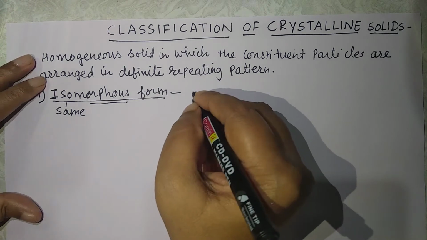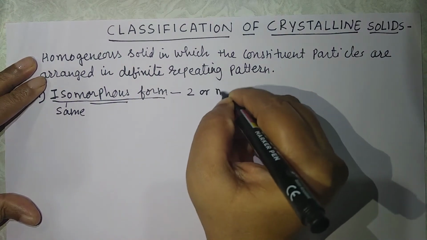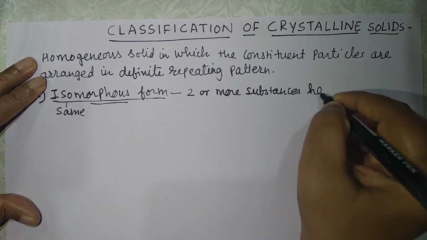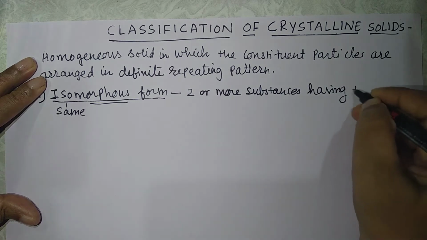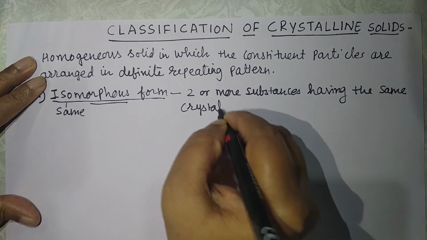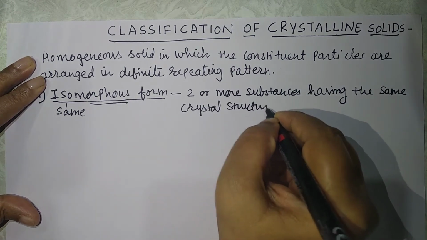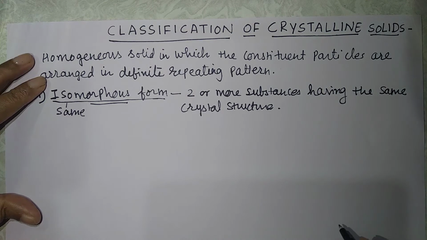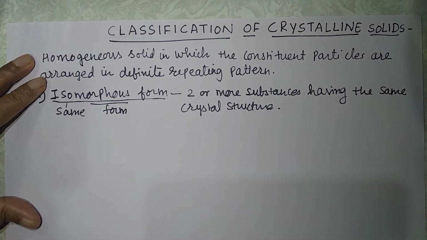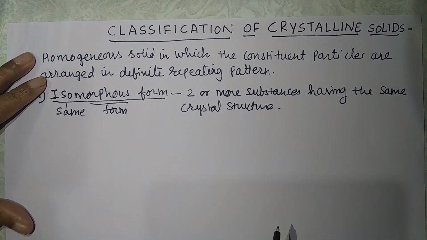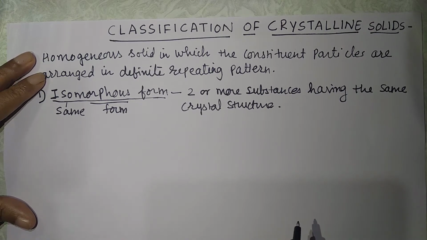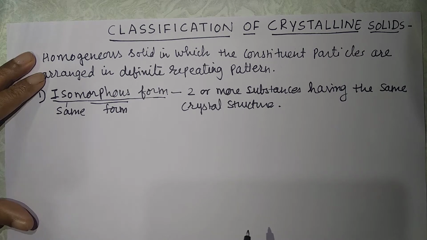So I can write here that two or more substances having the same crystal structure are called isomorphous. Having the same crystal structures, they are called isomorphs, and the property or phenomenon is called isomorphism.